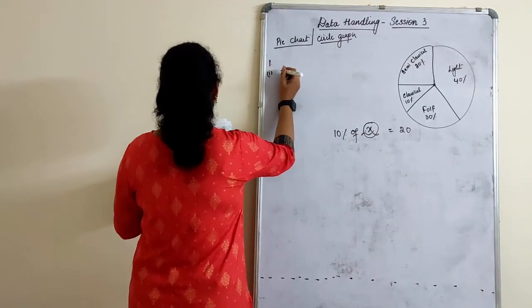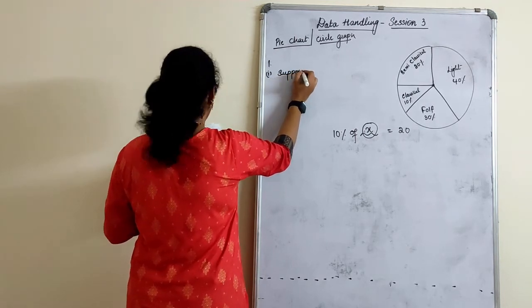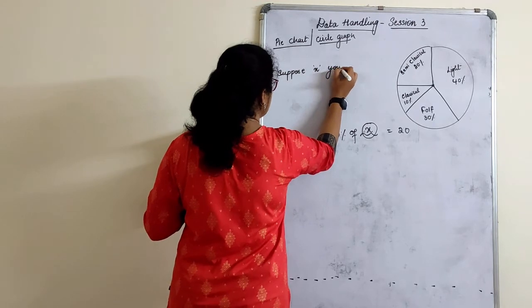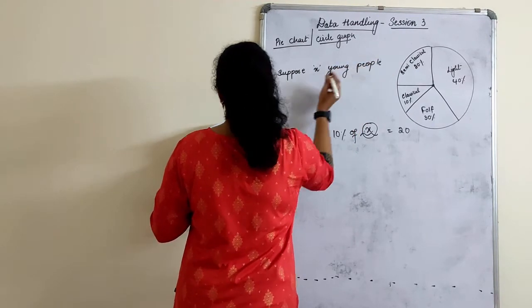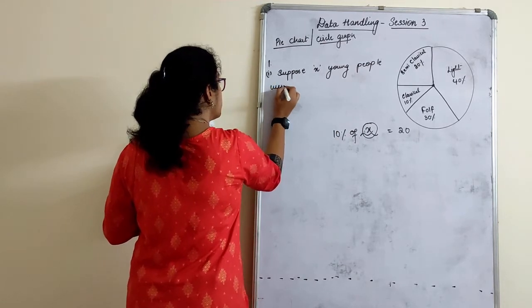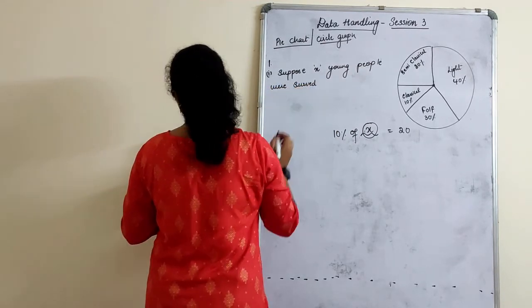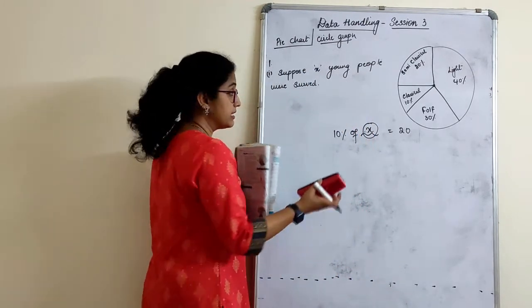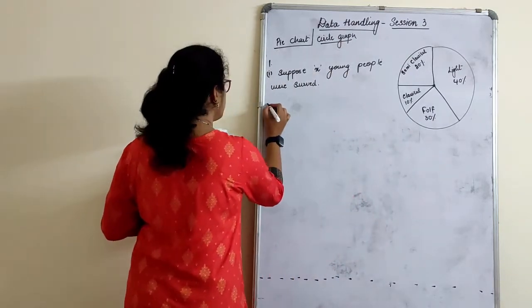So let's try. Suppose X young people were surveyed. The number of people surveyed is X. Let us just assume that.